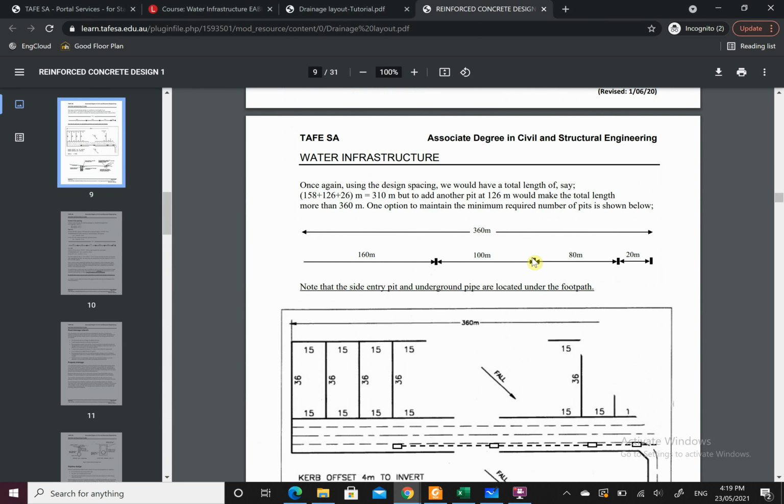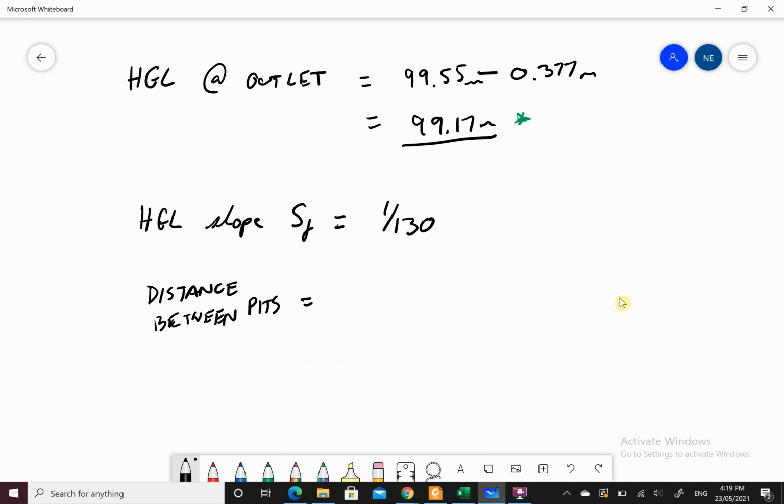So from pit 1 to pit 2 is 100 meters. So therefore my loss because of friction is equal to 100 on 130, which gives me 0.77 meters.